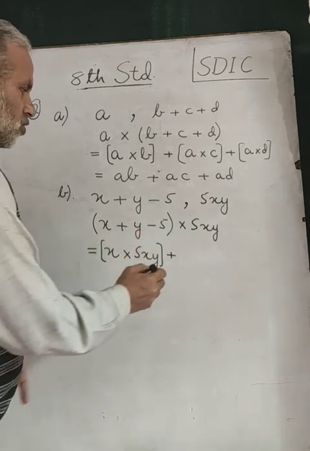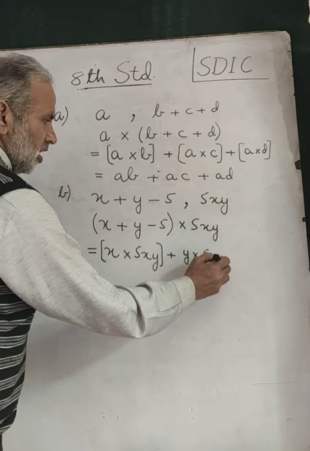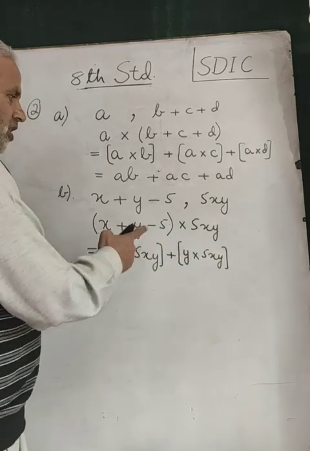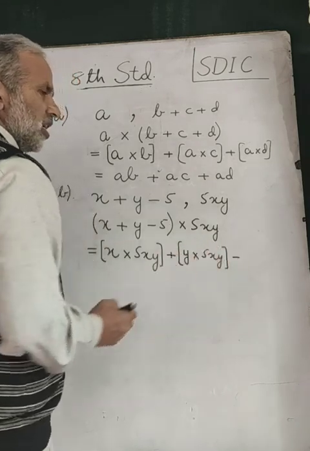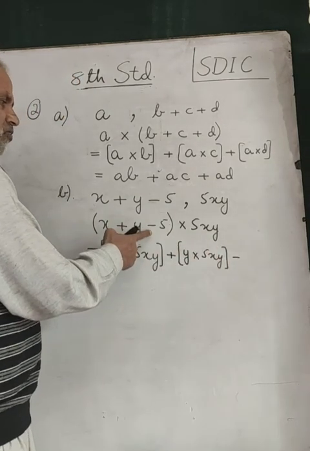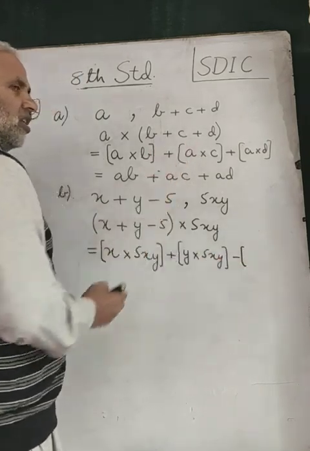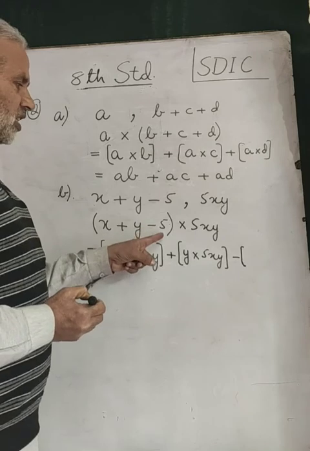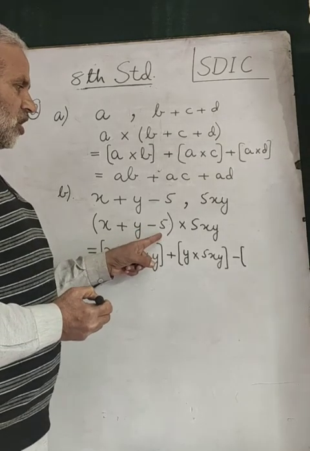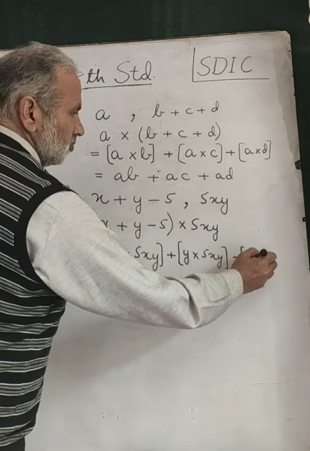It is y here. So y will be multiplied by 5xy. And use second bracket for this part. Then there is minus sign. So we'll put minus sign now. Where there is plus, you have to write plus. Where there is minus, you have to write minus. Third part will now be put in the third bracket, consisting of third term out of the three terms of the trinomial. 5 multiplied by the monomial 5xy.